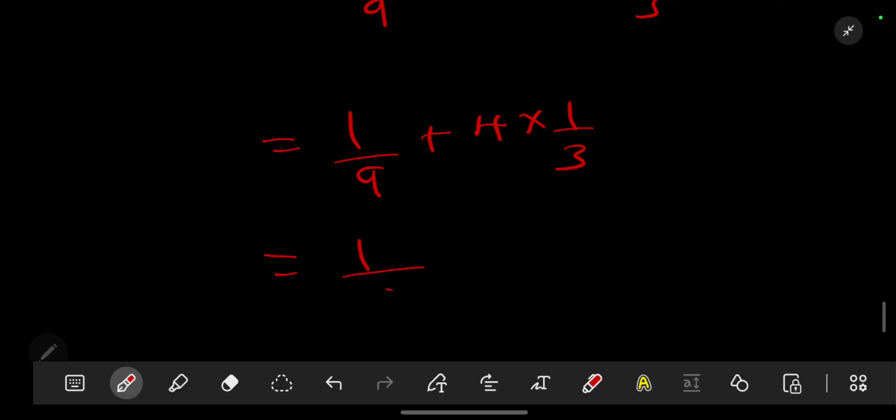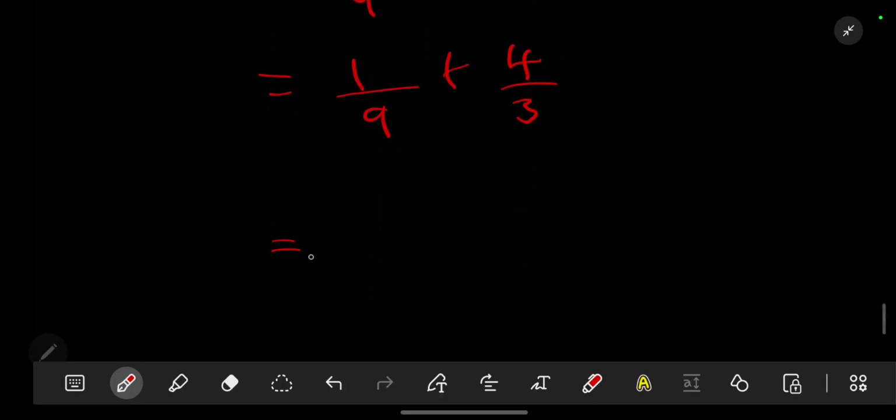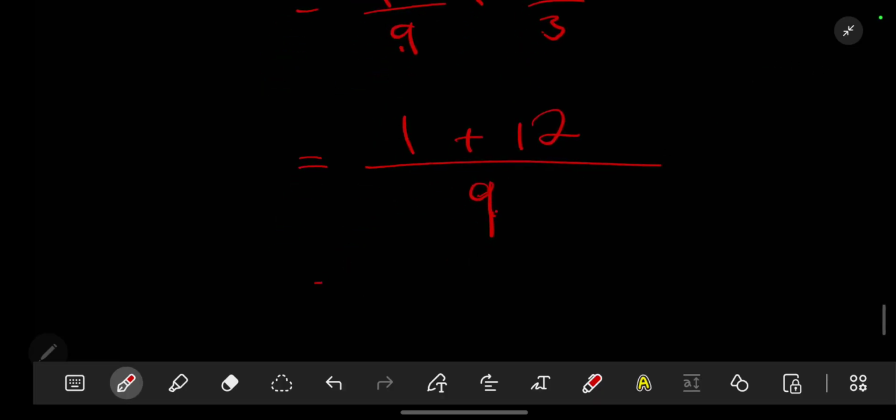So we have 1 over 9 plus 4 times 1 over 3, it will be 4 over 3. 9 is our common denominator. 9 divided by 9 is 1 times 1, that is 1. 9 divided by 3 is 3 times 4, that will be 12. So adding these two, we have 1 plus 12, that will be 13 over 9. So that is term number 5.